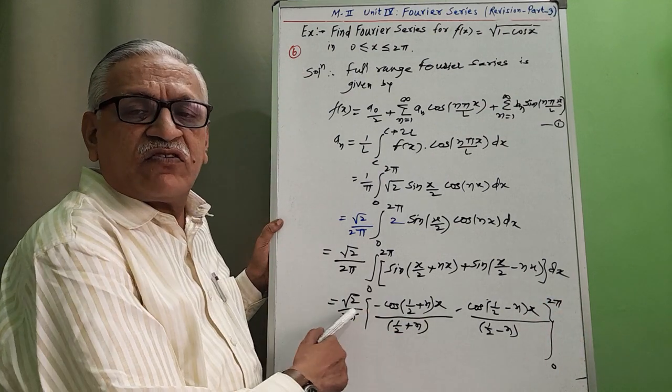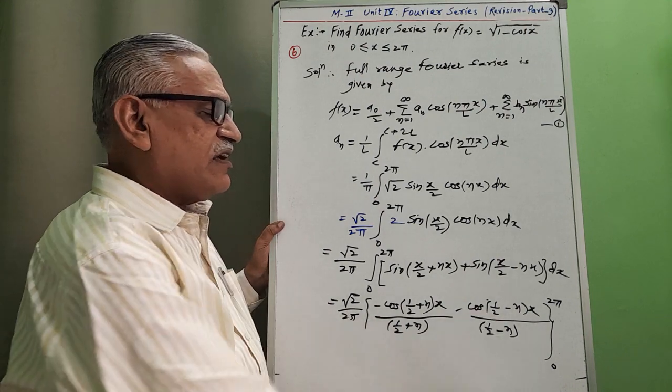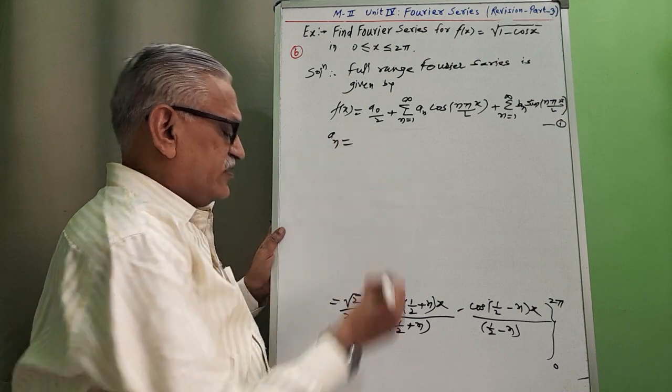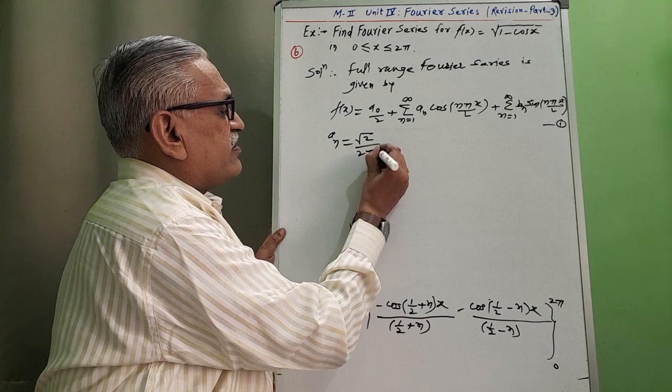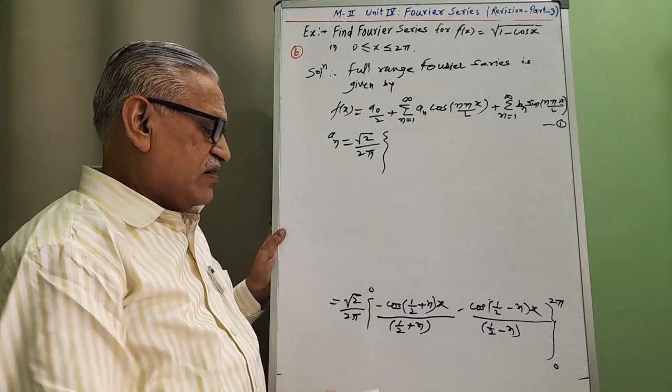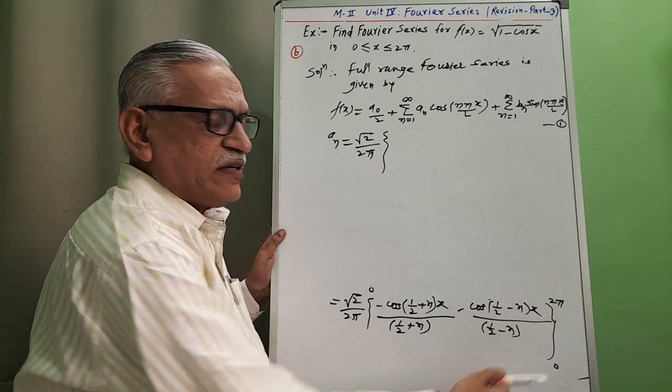We can take the minus sign common and then cancel that minus sign by changing the limits. So an is equal to root 2 divided by 2 times pi. The upper limit is 0 and the lower limit becomes 2 pi.